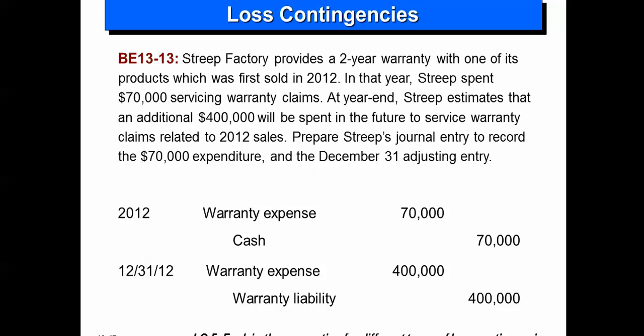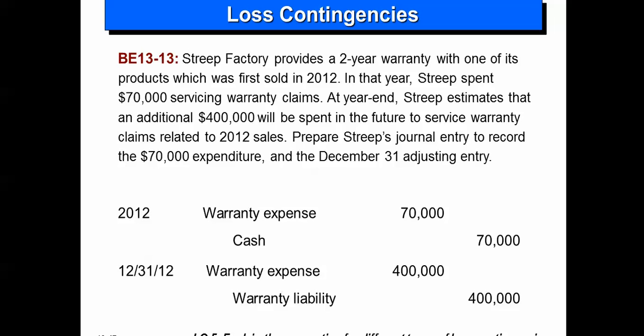What I'm trying to say is, in the year that the warranty was done, we had $400,000 that's going to be spent. That's what's estimated at some point. So that $400,000 is a future payment that we're going to have to make, so we're going to put that expense in the current year. The amount that we dealt with that year is the $70,000. The stuff that we expect to deal with in the future is $400,000. So hopefully I was able to clear that up.